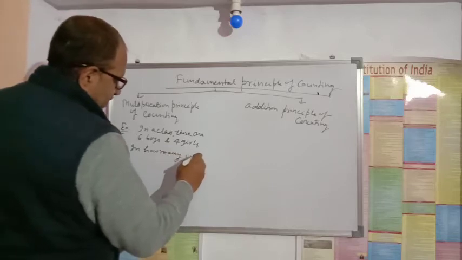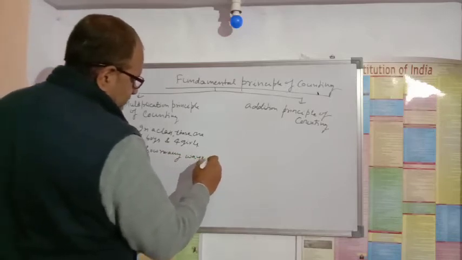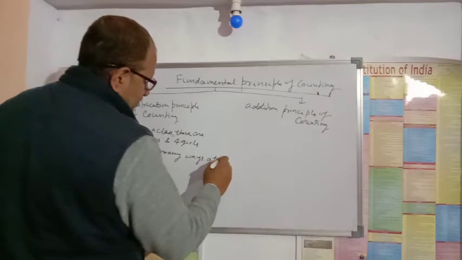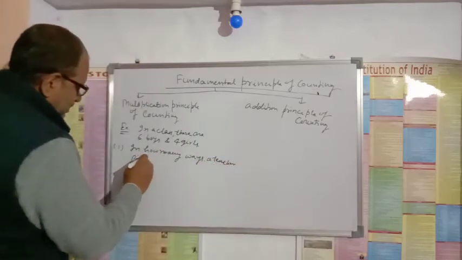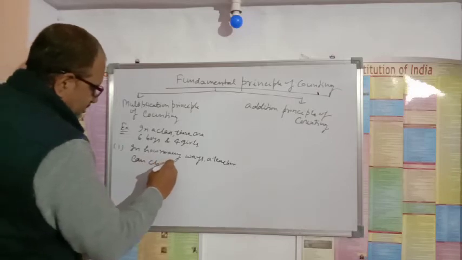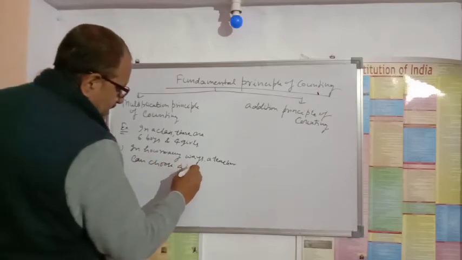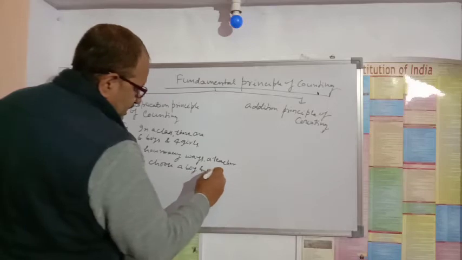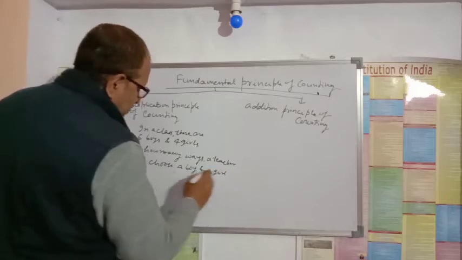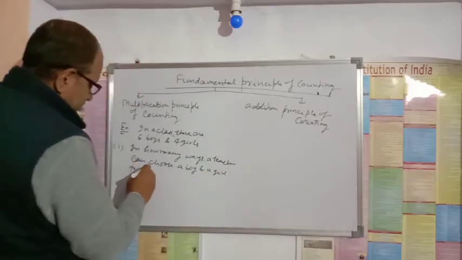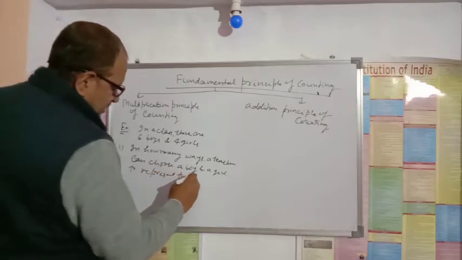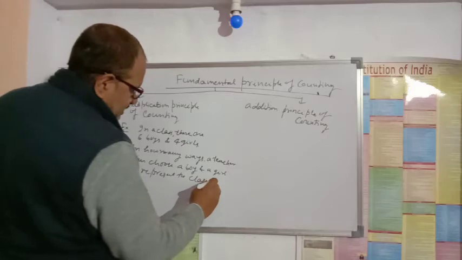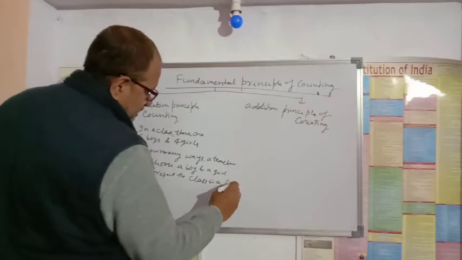In how many ways a teacher can choose a boy and a girl to represent the class in a function?